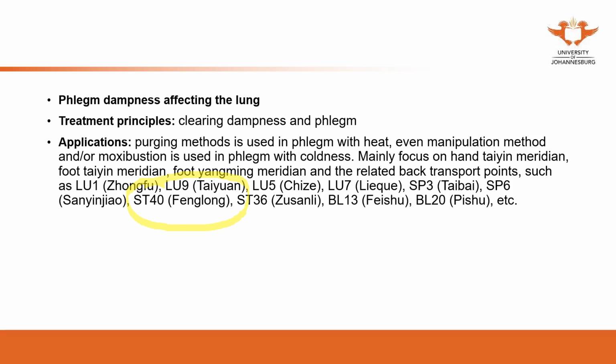The visible phlegm refers to the phlegm you can see, the phlegm when we cough from the lung. The invisible phlegm refers to the phlegm we don't see. If we don't see the phlegm, how do we know there's phlegm?